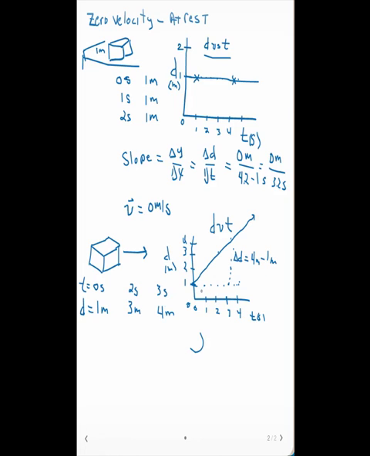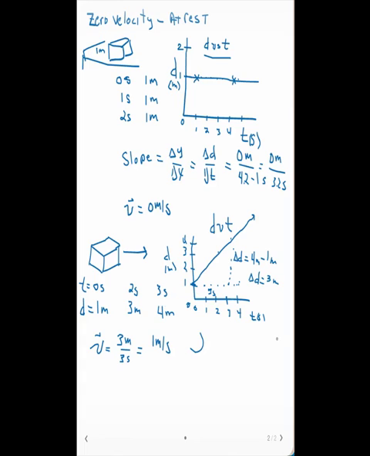The change in the time goes from 0 to 3 seconds, right? So the change in the time is 3 seconds. So what we have here is that our change in distance is equal to 3 meters. And our change in time is 3 seconds. So we know that the velocity of this thing is equal to 3 meters per 3 seconds, which is equal to 1 meter per second.